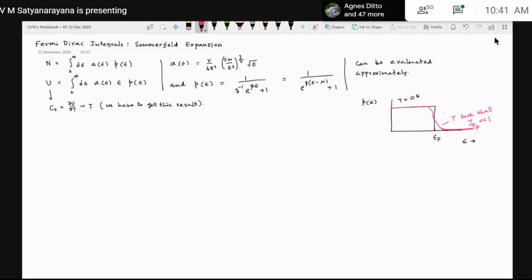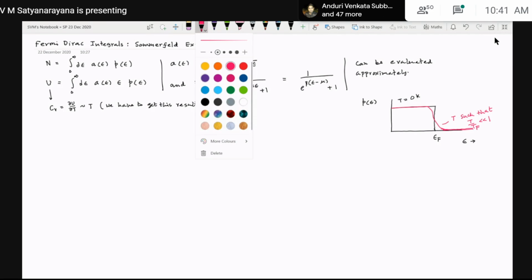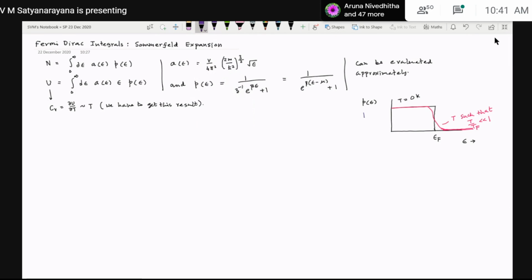Now suppose I am interested in plotting dP by dE. So how does dP by dE look? Since here it is a straight line parallel to the x-axis, the slope is always 0 here, and the slope is always 0 here.